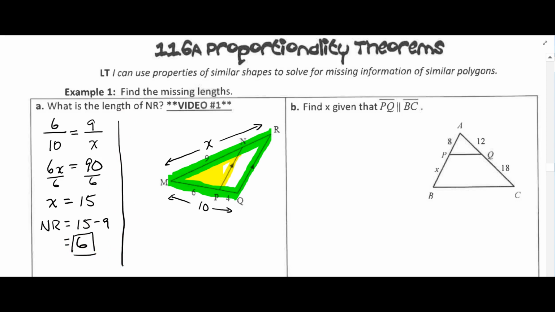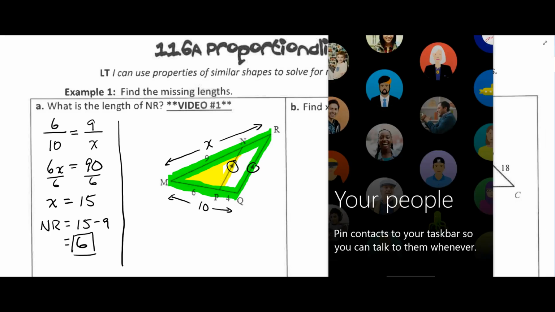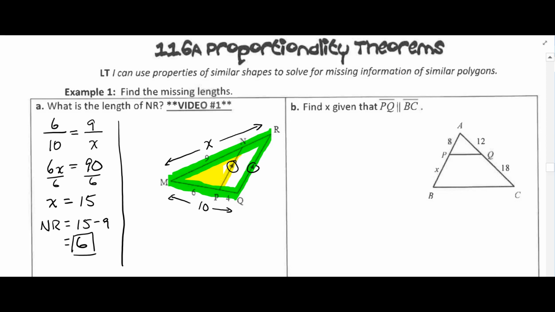Alright, so notice I had these two parallel sides. And what we're going to learn in another video is that when I have these parallel lines here, it divides these two sides proportionally. So let's get rid of some of this extra stuff here.